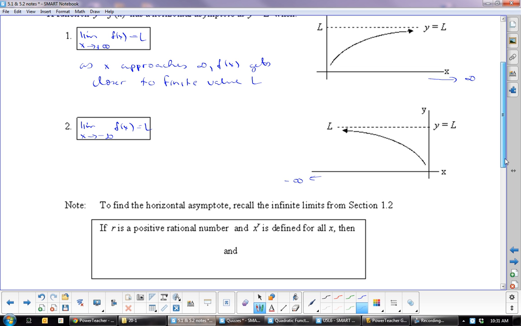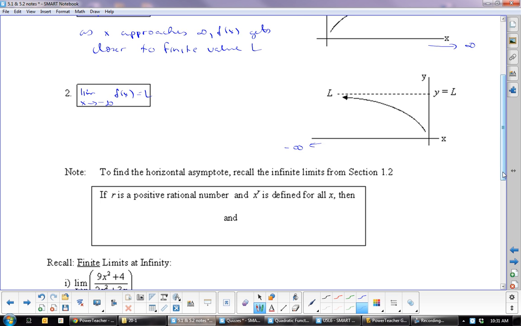Okay, so like if I gave you this example, y equals x squared, right? If you put infinity in there, it goes to infinity.